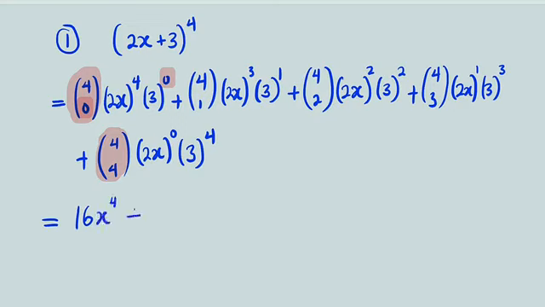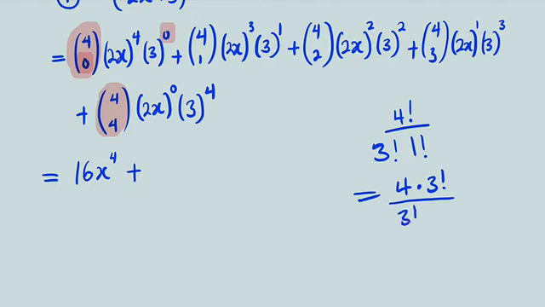Then we move to the second term. Let me simplify it to the other side. We have 4 combination 1, which is the same thing as 4 factorial divided by 4 minus 1, which is 3 factorial, then 1 factorial. This is the same thing as 4 multiplied by 3 factorial, because I have 3 factorial at the bottom.